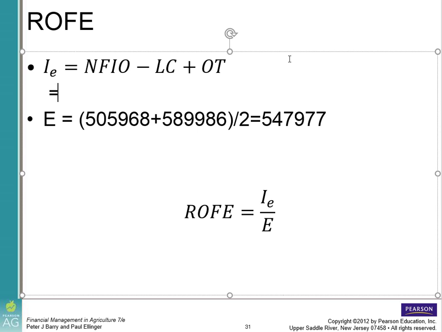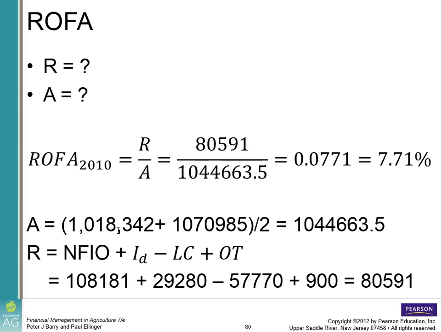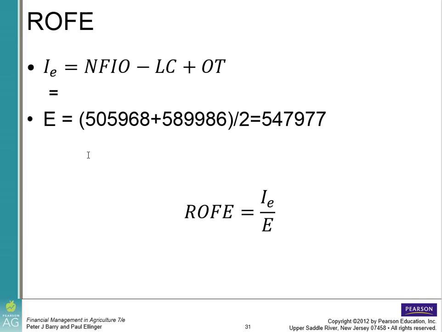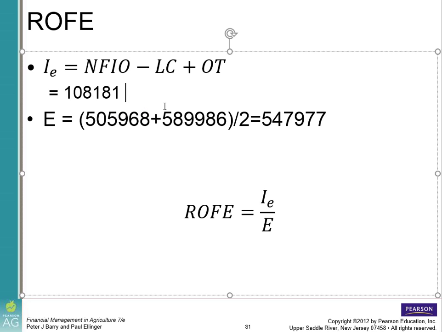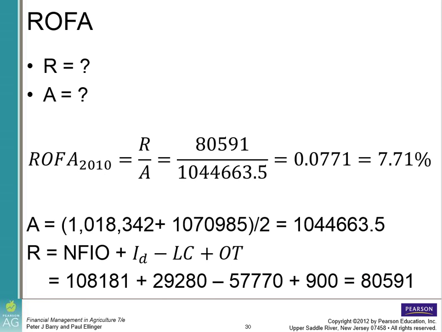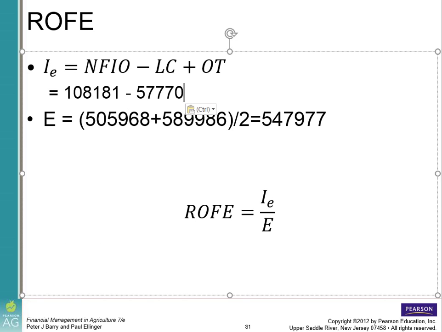Okay, so this NFIO we already know. Okay, it's this over here. So let's bring this back here. We already know what LC is. It is right from before. Again, you can always go back to the income statement to look at it. And we put this over here. And then of course the other income is 900.